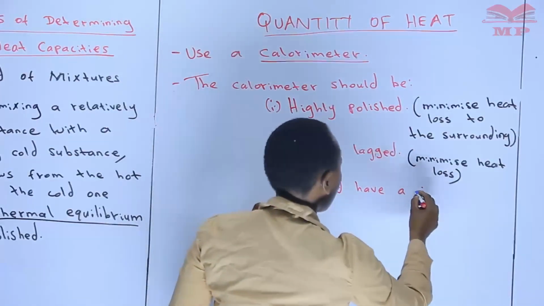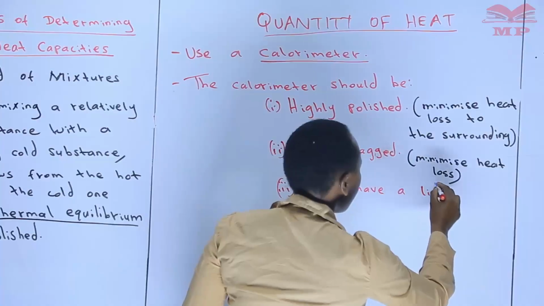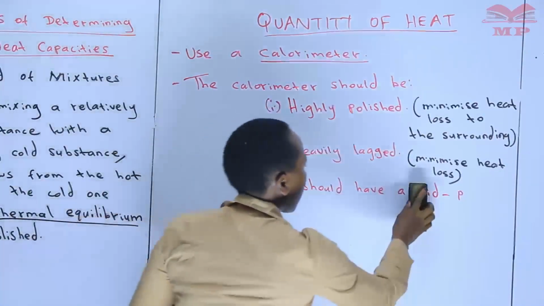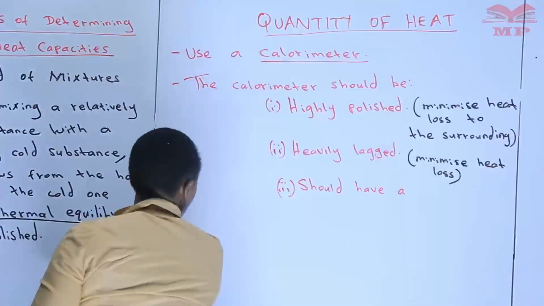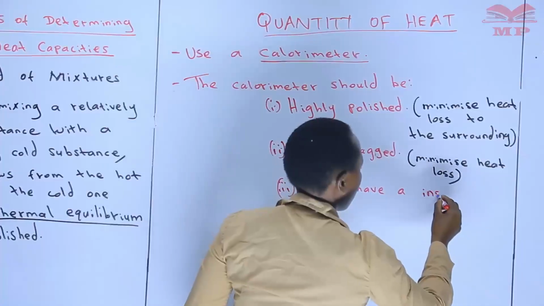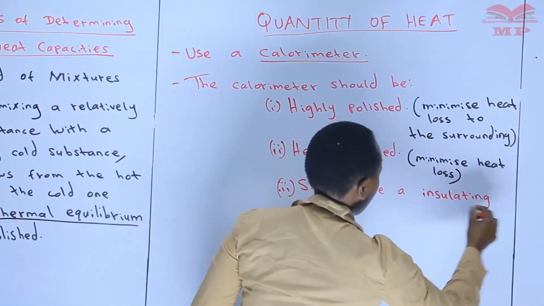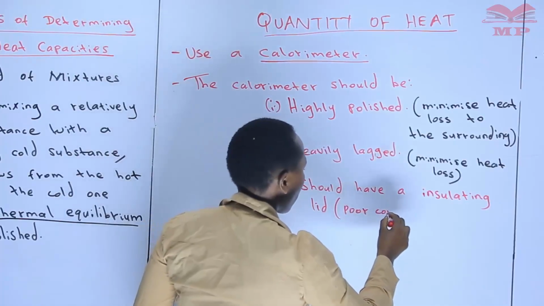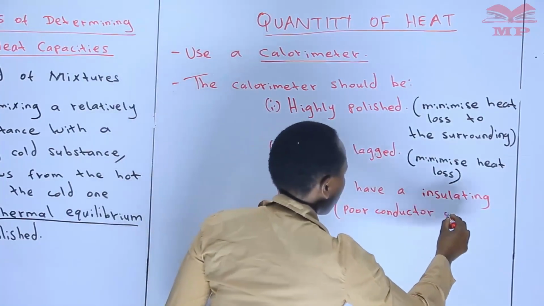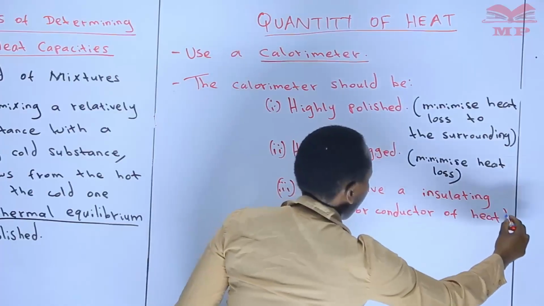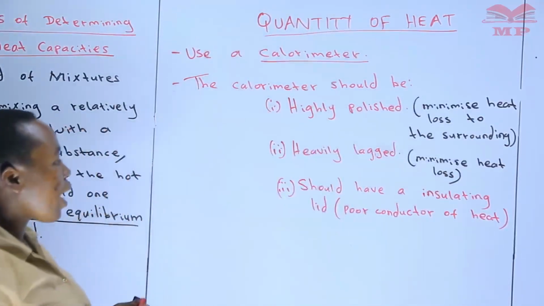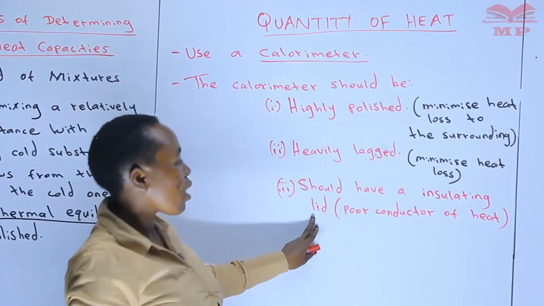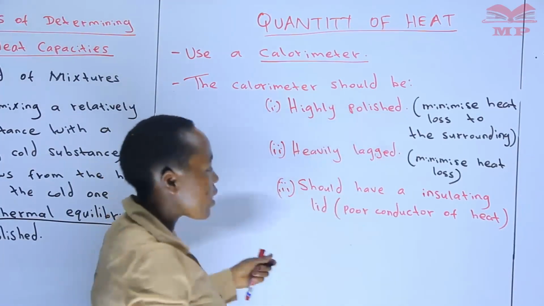So we can say that it should have a lint, an insulator lint, that is a poor conductor of heat. The reason it should have a lint which is a poor conductor of heat is again to minimize heat loss.